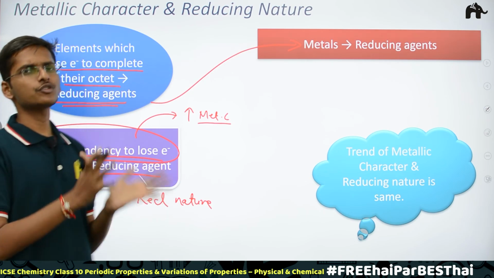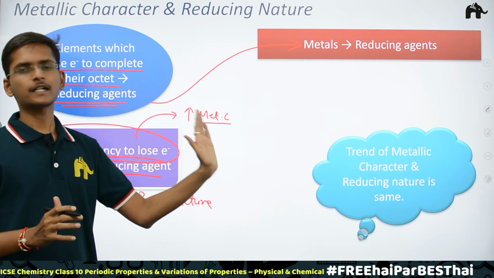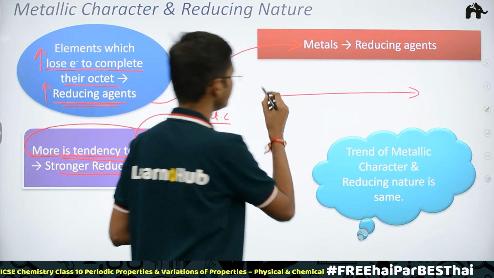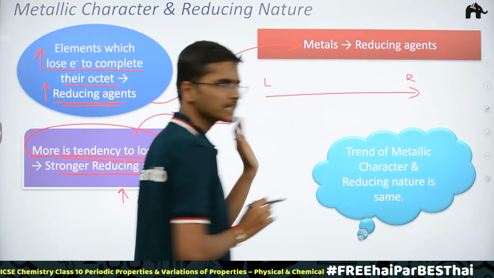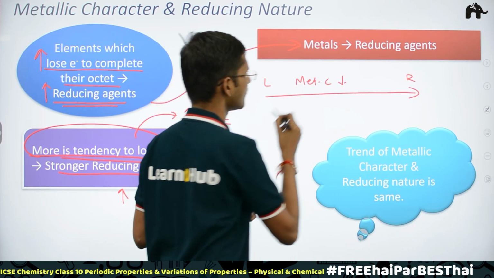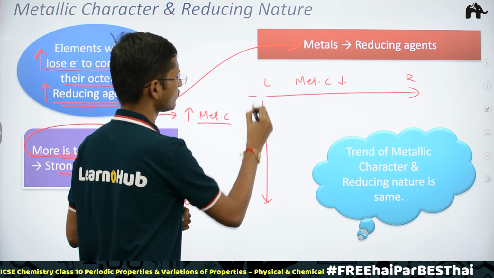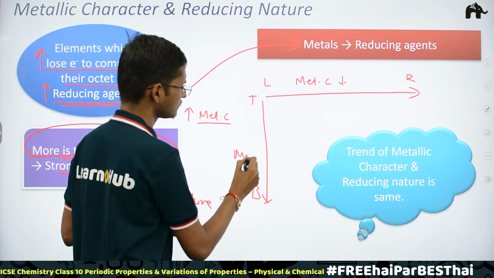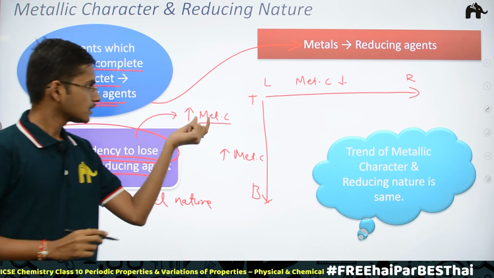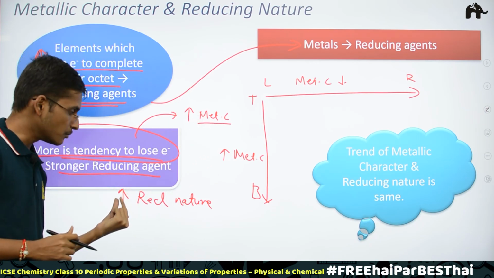We have just studied the variation of metallic character across the period and down the group. So let's go through it. When we move from left to right, what happens? Metallic character decreases. And when we move from top to bottom, what happens? Metallic character increases. Now see, more metallic character means more reducing nature.